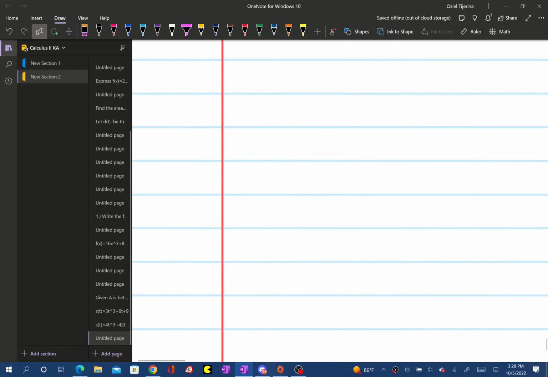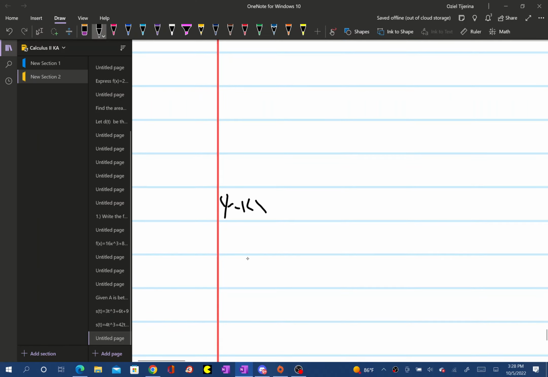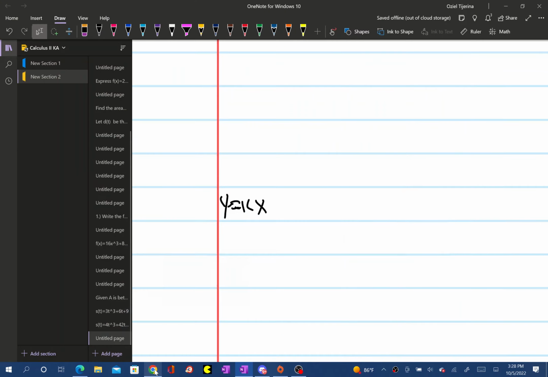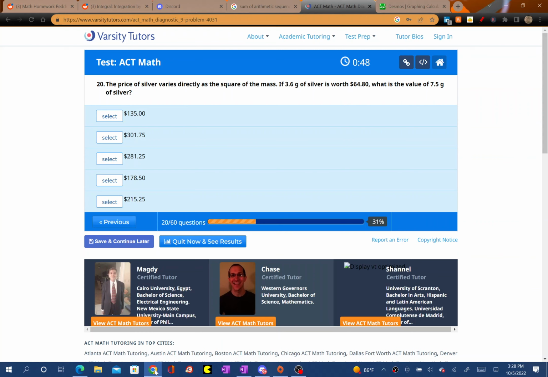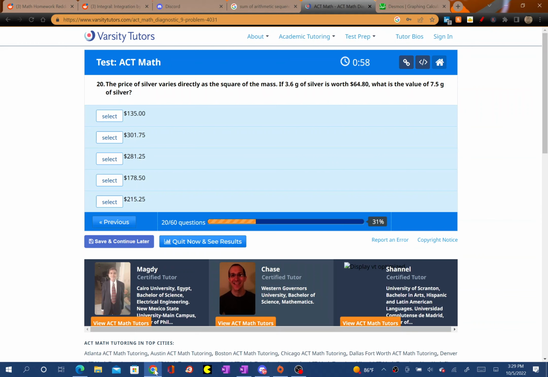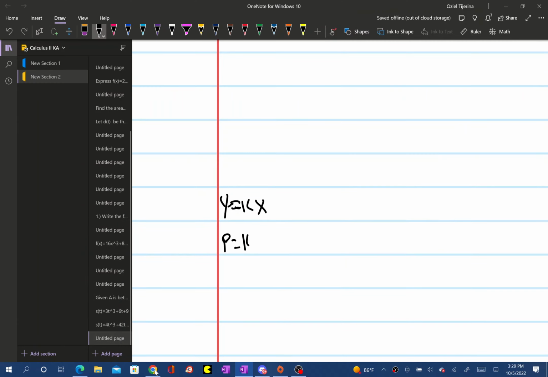So in our case, varies directly as the square of the mass, so P equals km squared.